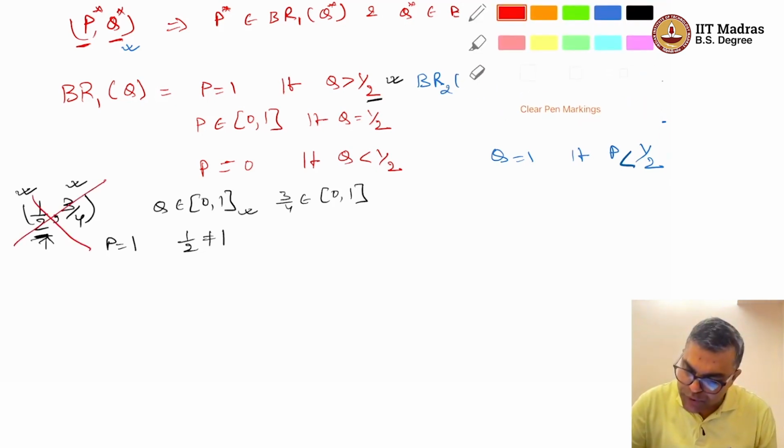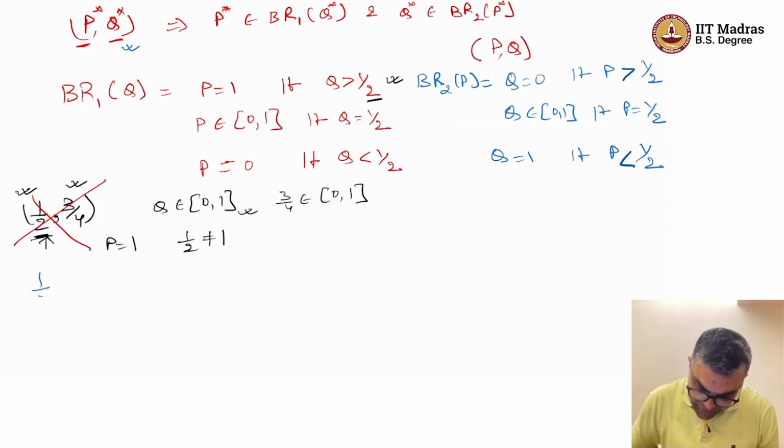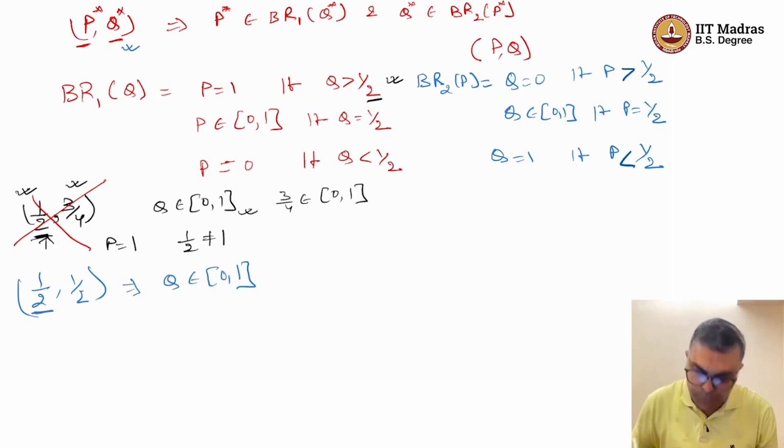Now, can we propose something else? Let us check (1/2, 1/2). We have already figured out that if player 1 plays half, the best response from player 2 is to play any Q. And if any Q is allowed, then half is also allowed. So half is definitely one of the best responses. That is done. If player 2 is playing half, what would be the best response from player 1?